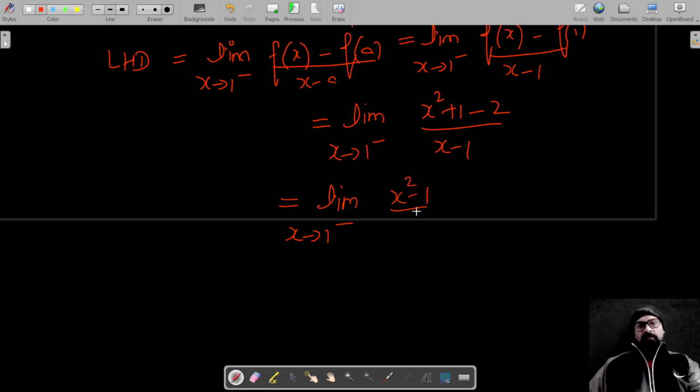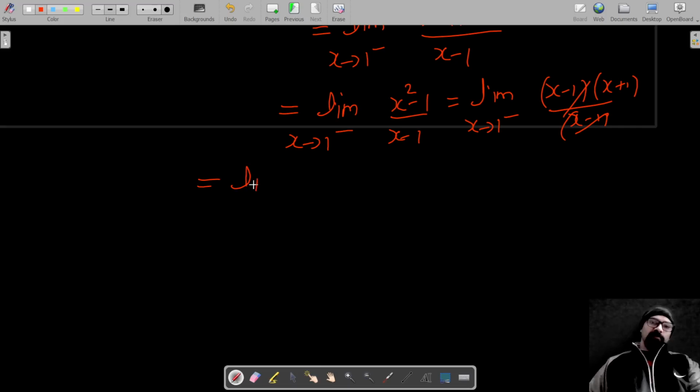This is x squared minus 1 upon x minus 1, and this is limit x tends to 1 negative. This is a squared minus b squared, so a minus b into a plus b upon x minus 1, which gives me x plus 1. So this is limit x tends to 1 negative, x plus 1.